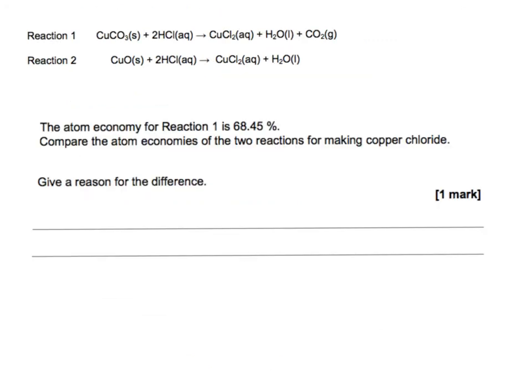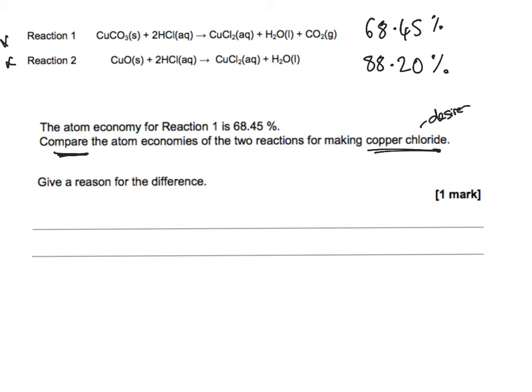Finally, I've got my 2 reactions, and the next question says the atom economy for reaction 1 is 68.45%, whereas we just worked out for reaction 2 it was 88.2%. So it says compare the atom economies of the 2 reactions for making copper chloride, which was my desired product, and give a reason for the difference.